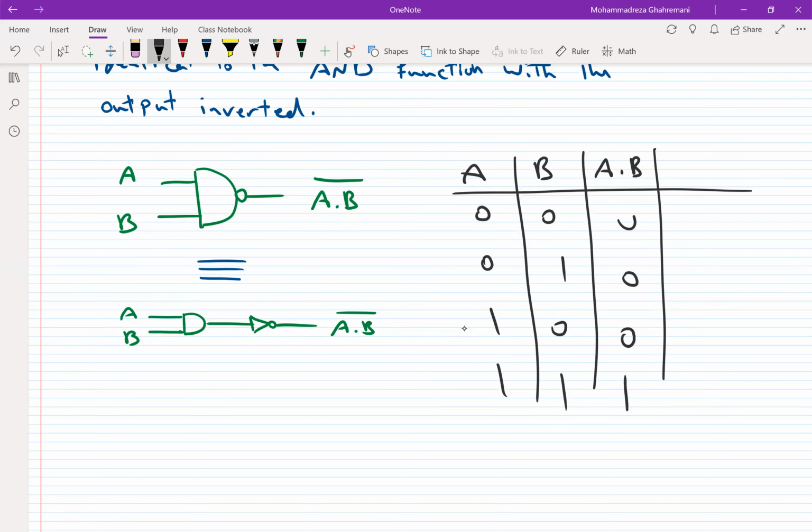And the NAND function is the complement of AND function. So this one is a NAND function. If I'm supposed to describe the NAND function based on the inputs, I would say the NAND function gives the output of 0 if all the inputs are equal to 1.